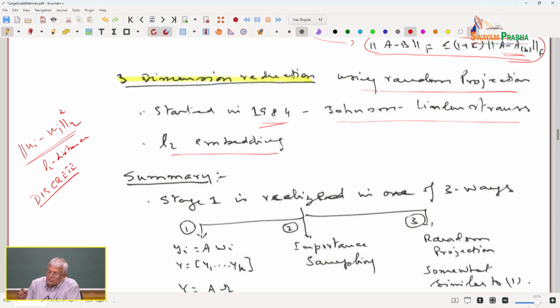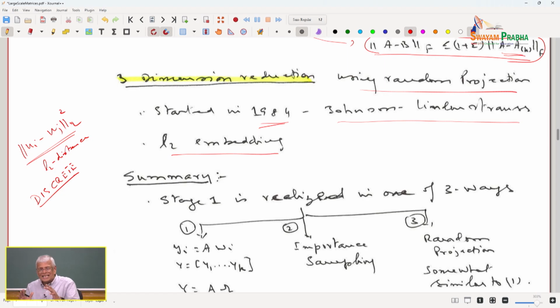So, dimension reduction started in 1984. The ideas from dimension reduction were imported into the data science areas in the early 90s. The early 90s was also the period when importance sampling based on the square of the length was introduced.